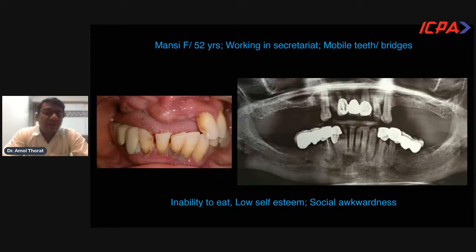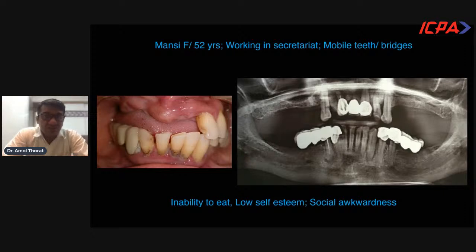So how do you plan such a case? Again, this was done in consultation. I stay in Pune. This case was done in Dadar, and the problem was the minimum number of visits. That was the first problem. Second, I had to restore her with a temporary restoration immediately because we couldn't send her without teeth, right? So how do we plan such a case?